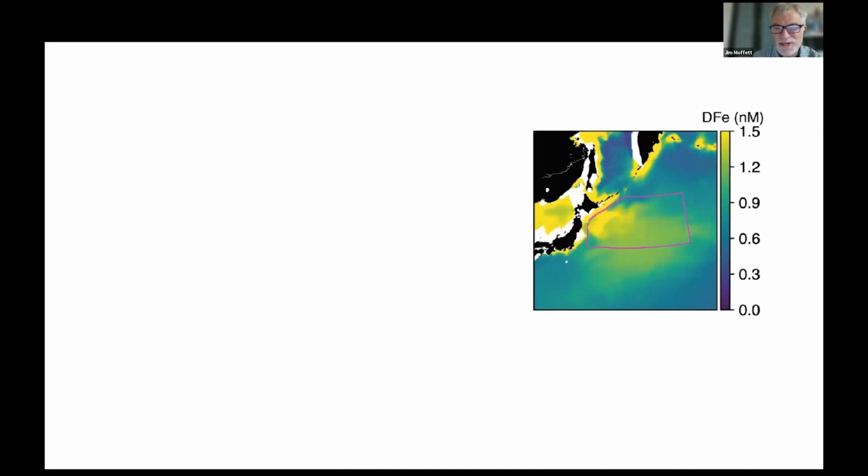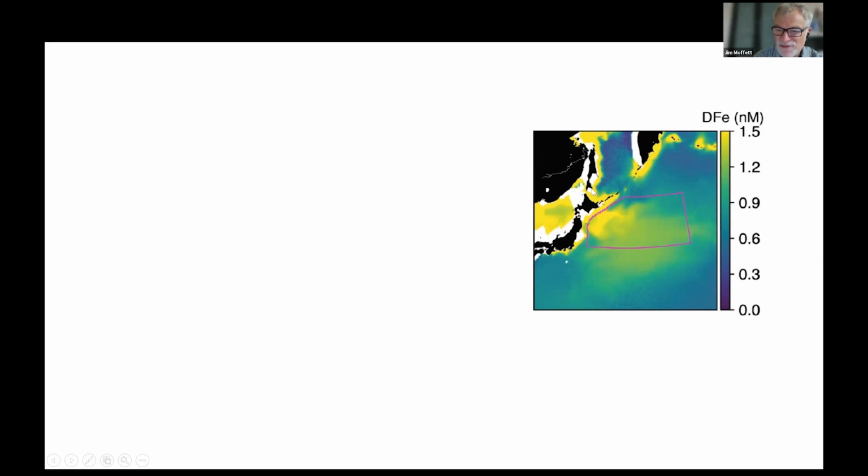This is a simulation here from another ROMS modeler, Misumi, in Japan, which was published several years ago. This is a simulation of surface water dissolved iron. This iron, according to the model interpretation, is generated largely within the Sea of Okhotsk, north of Japan, and to the east of Sakhalin Island, which I'm running my cursor over right now.